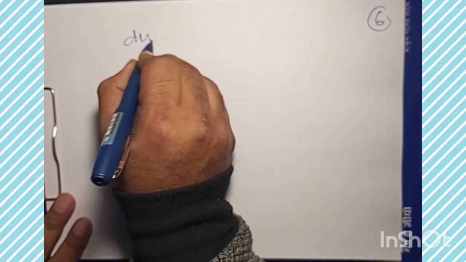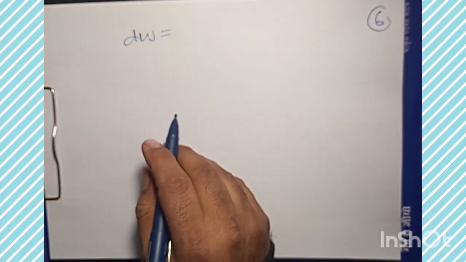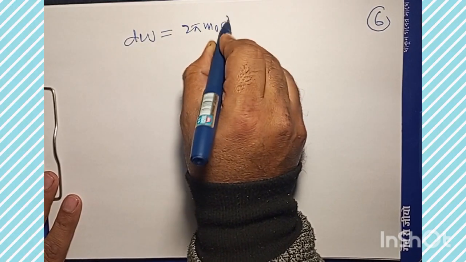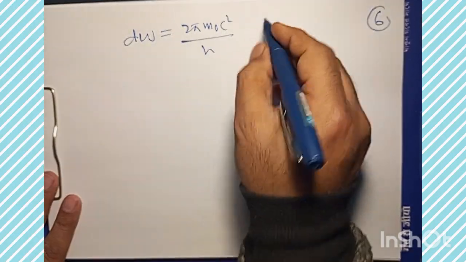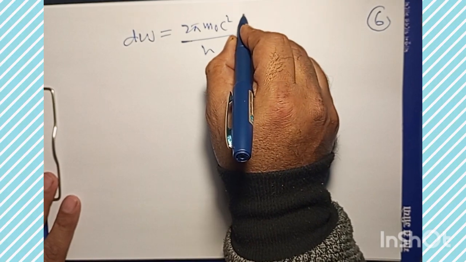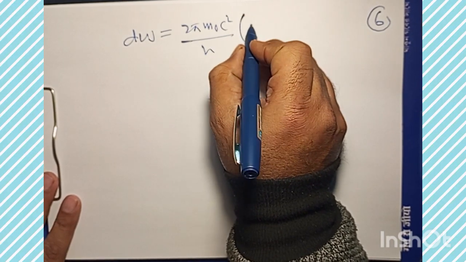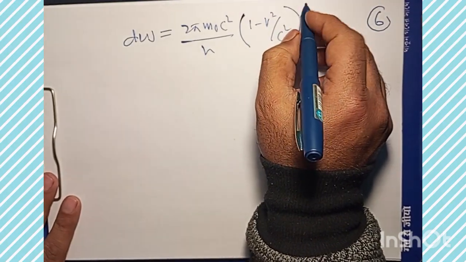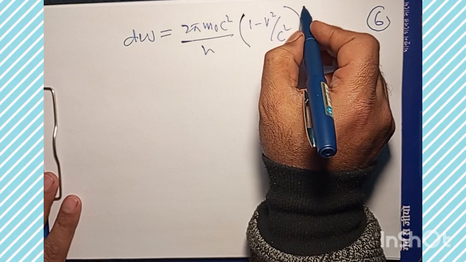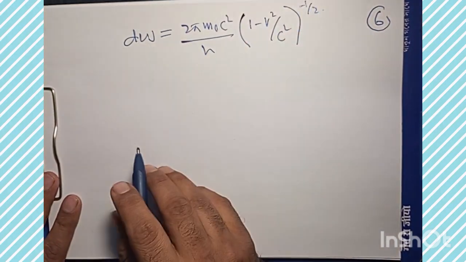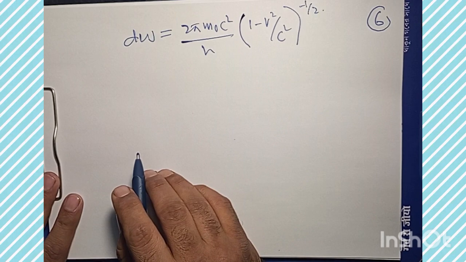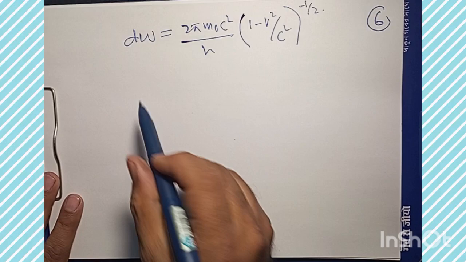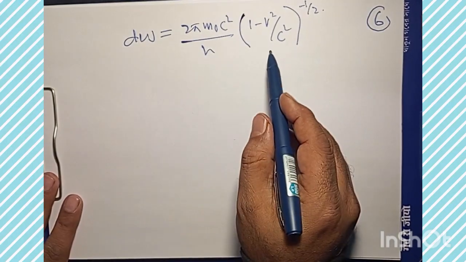All I have to do is write down 2 pi m naught c square by h, and I would like to take it up. This is 1 minus v square by c square whole raised to the power minus 1 by 2. So this should be the case, and so what will be d omega once you differentiate this?